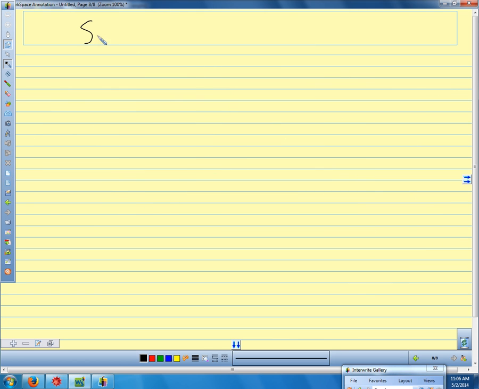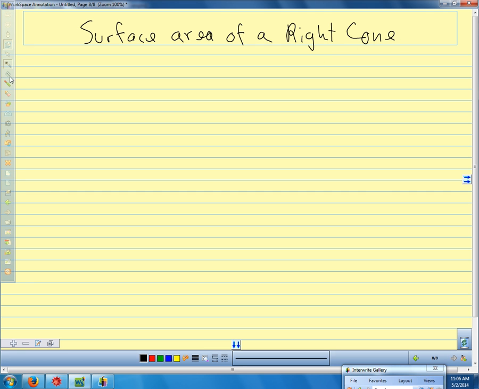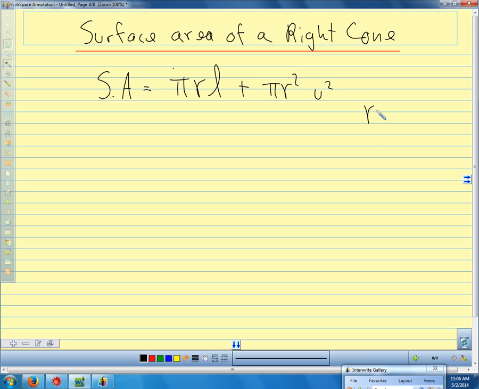So our surface area formula. Surface area for a right cone, and we can assume we're talking about a right cone unless we're told otherwise, is pi r L plus pi r squared, units squared. R equals the radius of the base.